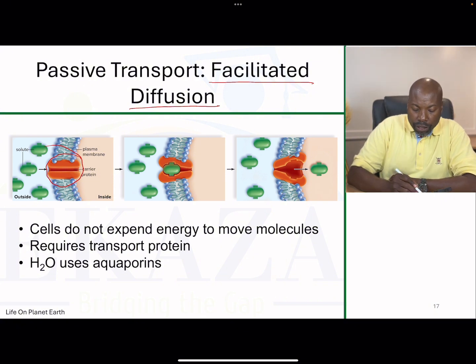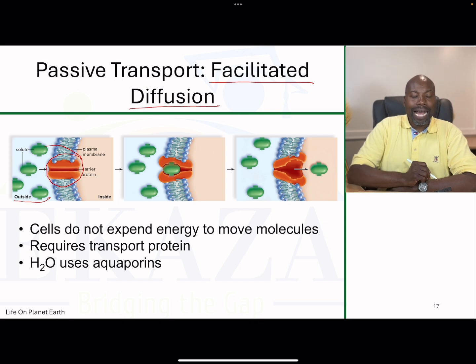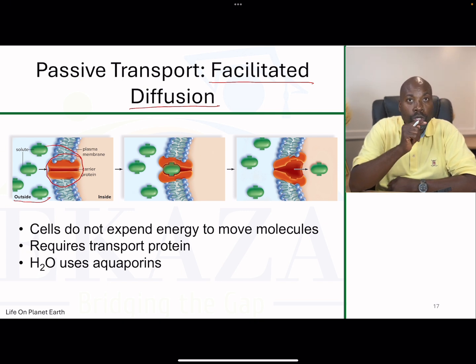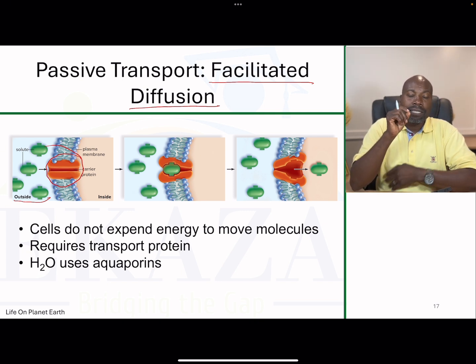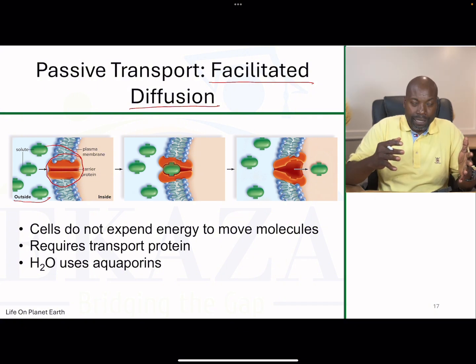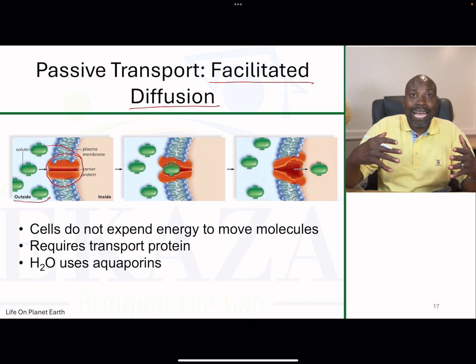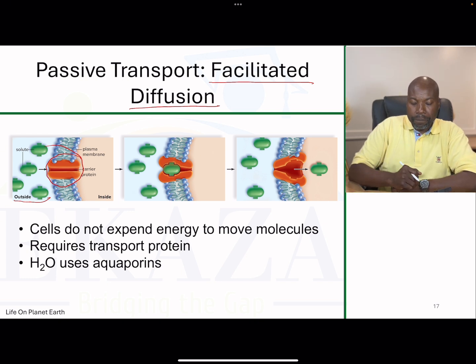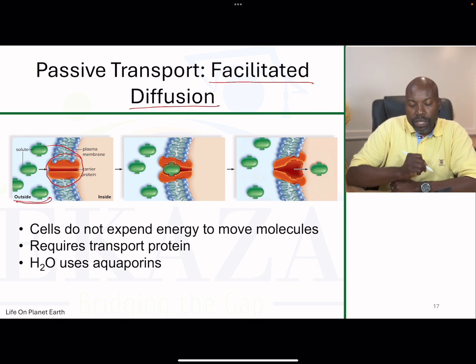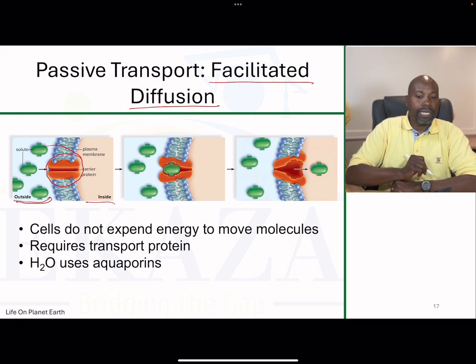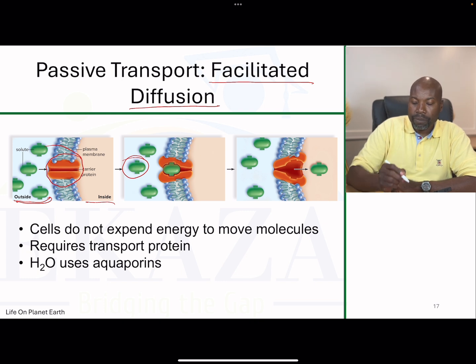So if you consider this solute that is out here, and by the way, a solute is the chemical that is dissolved in a solvent, right? And in our situation, the solvent of life being water, right? So this solute is here in the water and not at all present on the inside. Now, because the solute matches the transport protein here, you see there is a match.